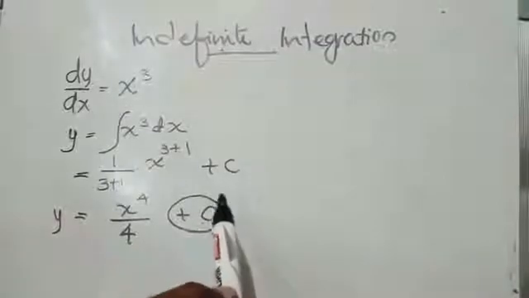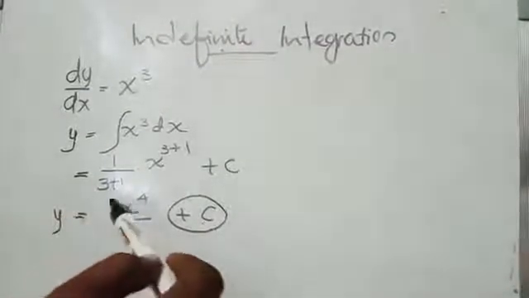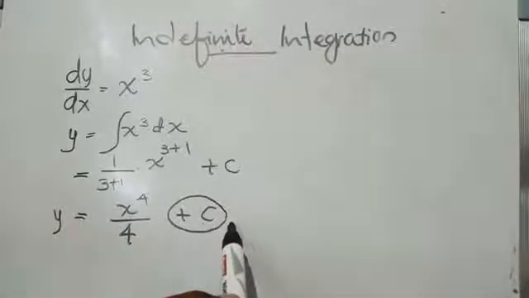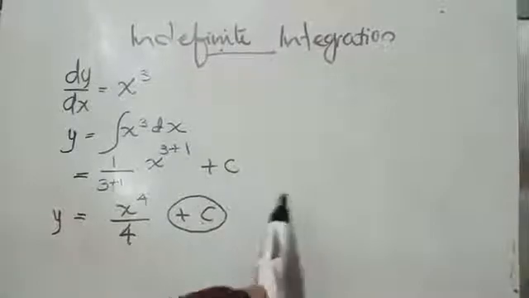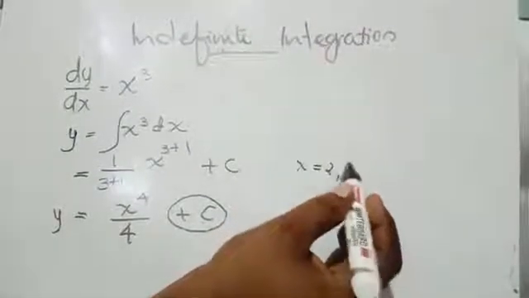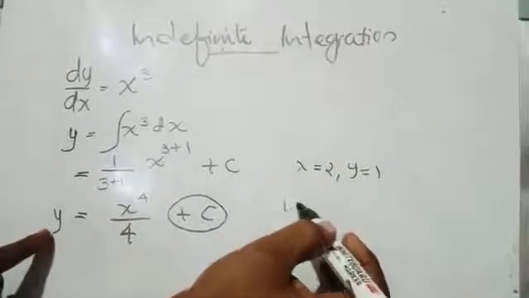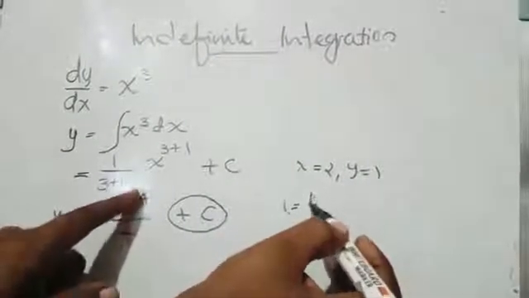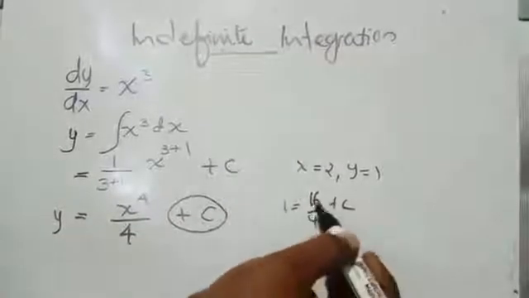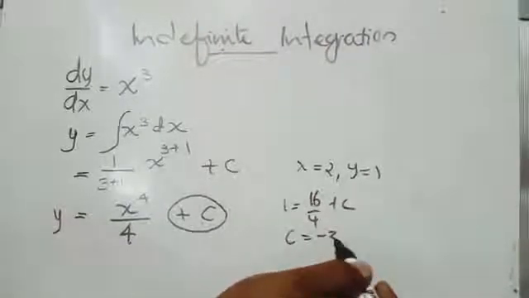For each and every value of x and y, we get a different solution for c. Like for example, if x is 2 and y is 1, we get 1 is equal to 2 raised to 4, 16 by 4, plus c. That is, c is equal to minus 3.